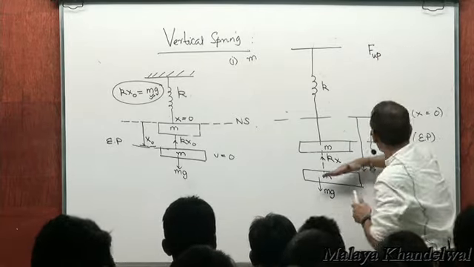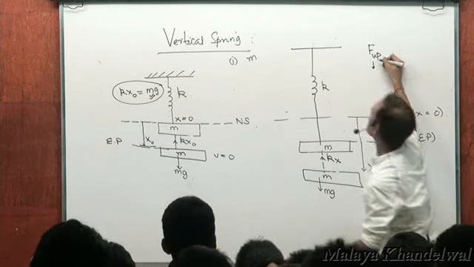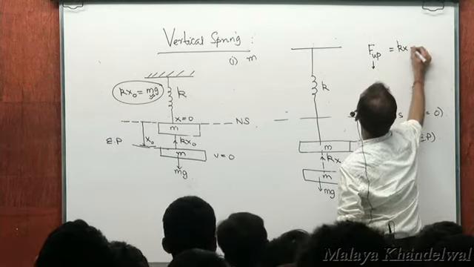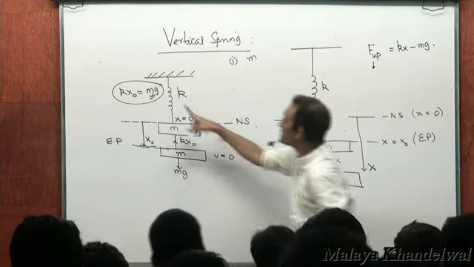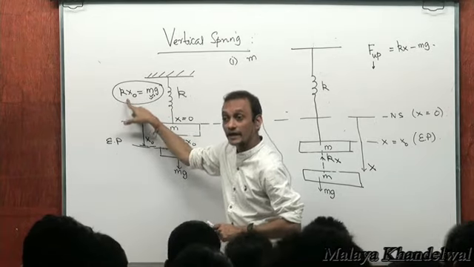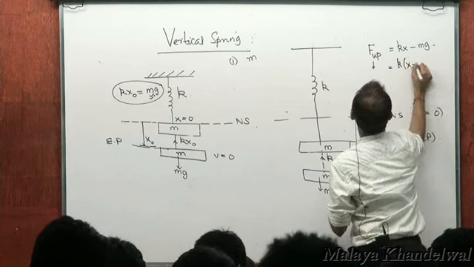If a force is directed towards the equilibrium position, that's a restoring force. The magnitude of this restoring force is kx minus mg. But mg is kx naught. So this is k times (x minus x naught).